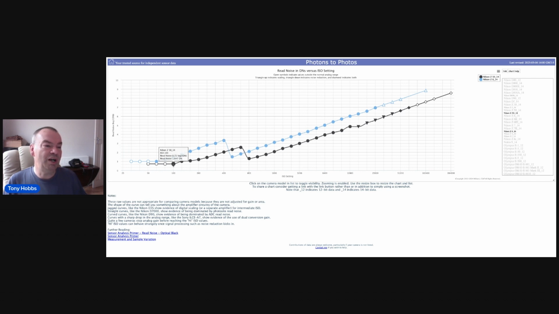So the ISO starts at 100 on the Z5. So it looks like on the Z5 it starts at 100, and then you've got a low down to 50, and on the Z8 it starts at 63. So that's another interesting thing.